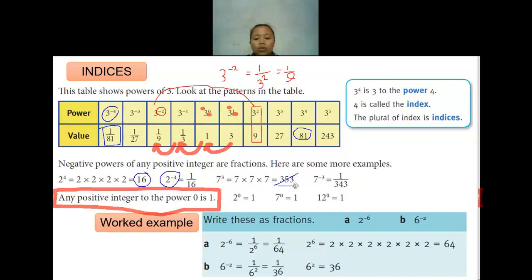This is also an example. 2 to the power of negative 6 will be 1 per 64 because 2 to the power of 6 is 64. 6 to the power of negative 2 will be 1 per 36 because 6 to the power of 2 equals 36. Is there anyone having difficulties or still confused here?